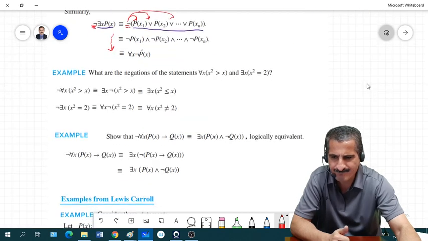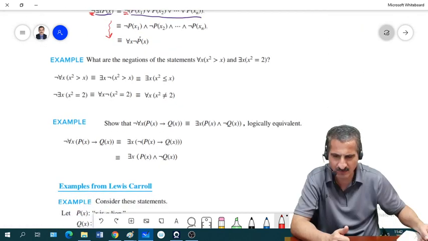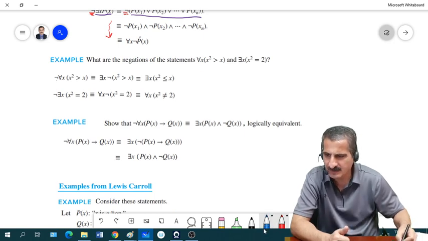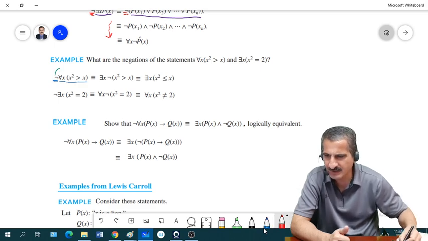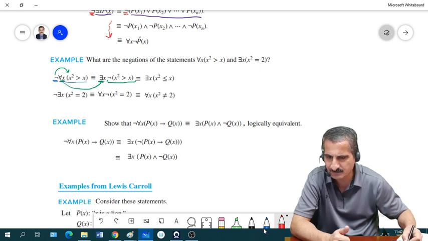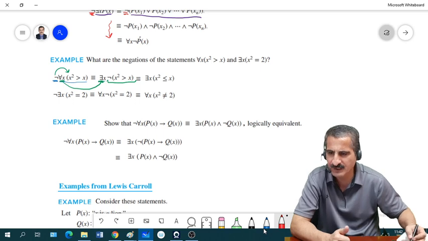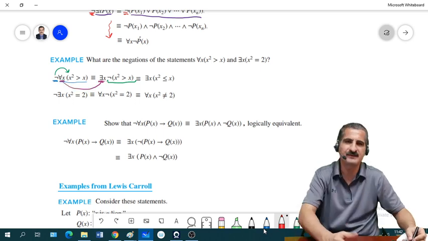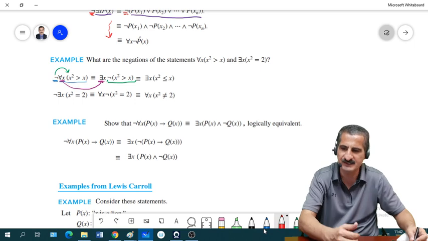Okay. So what are the negations of the following? Negating there exists x such that this is happening. As I said before, take the negation to the inside, and then change the universal to existential. The negation of x squared is greater than x is x squared is less than or equal to x.